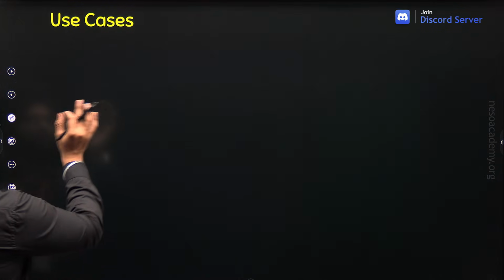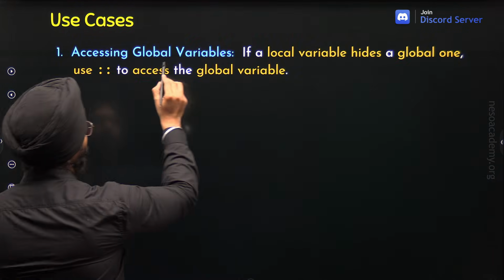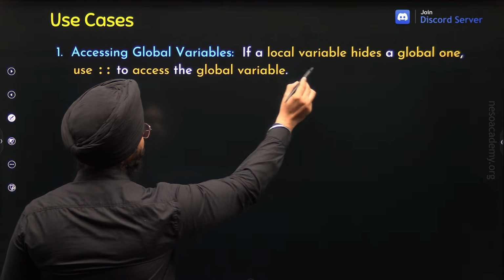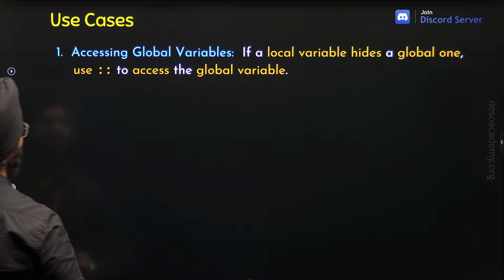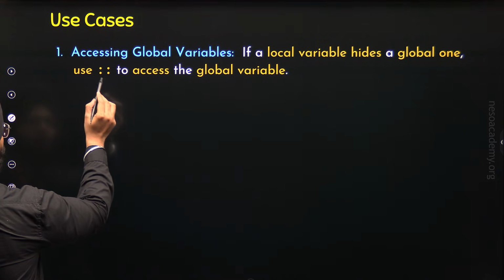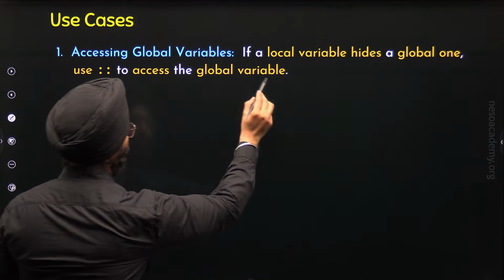Here comes the first use case, accessing global variables. If a local variable hides a global one, use scope resolution operator to access the global variable.